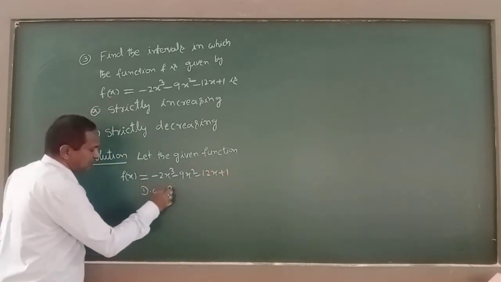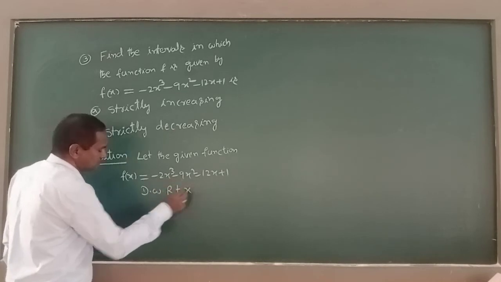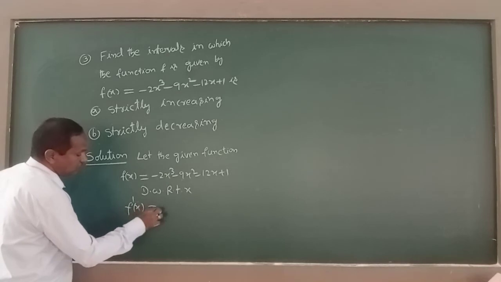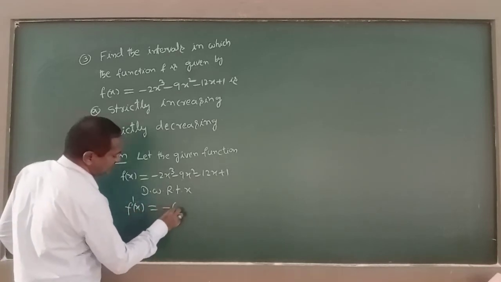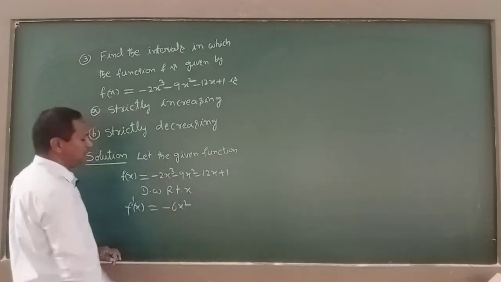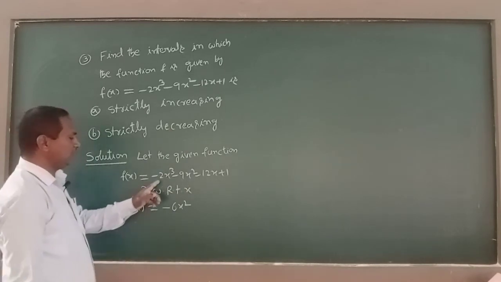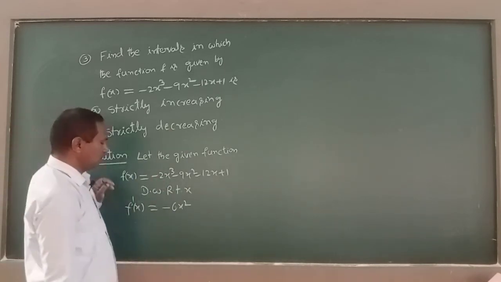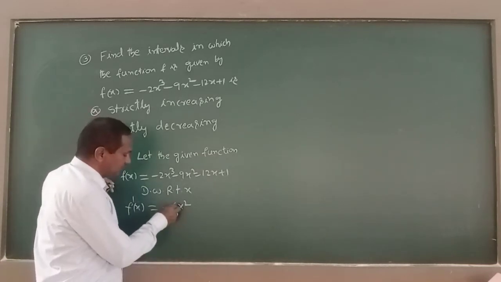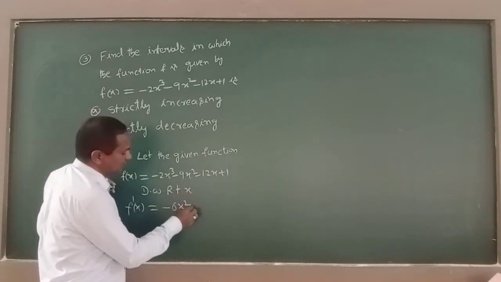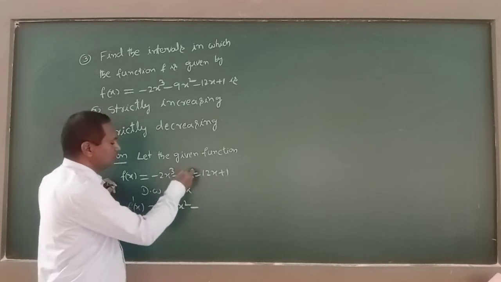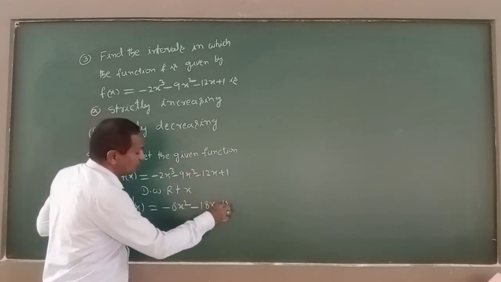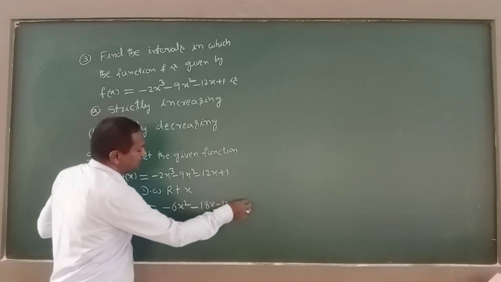Differentiation with respect to x. F dash of x equals minus 6x square here. D by dx of x cube is 3x square, and already minus 2 has a product with that. Finally we can write minus 6x square minus 18x minus 12, and the last one, the independent constant, gives 0.